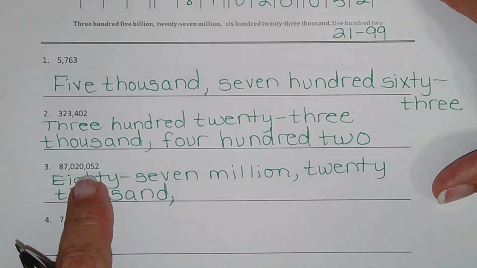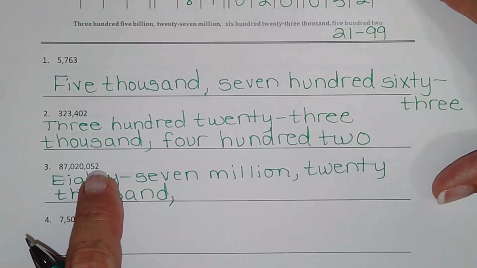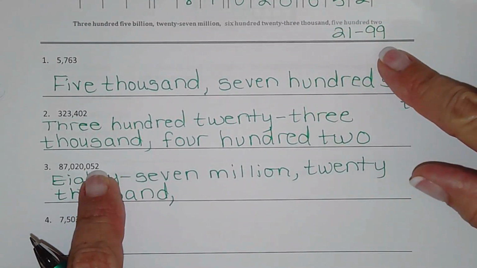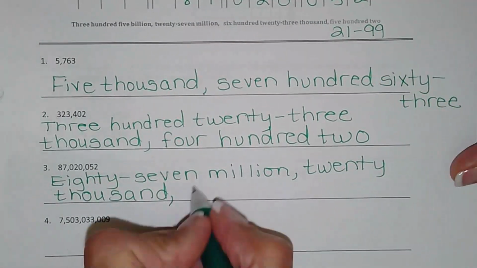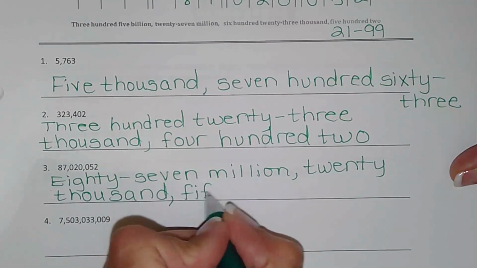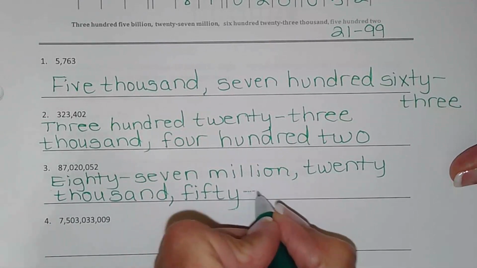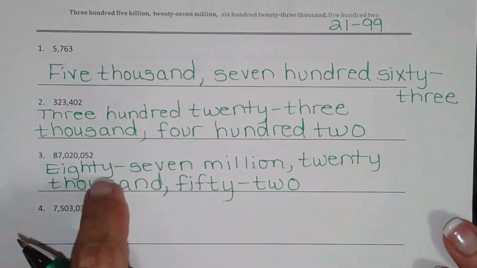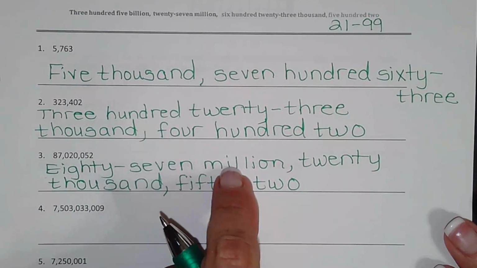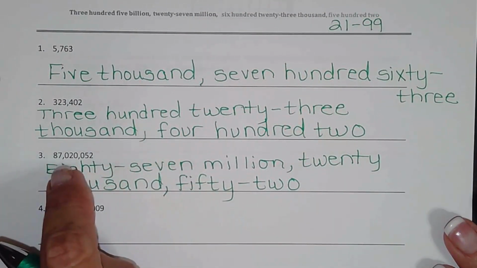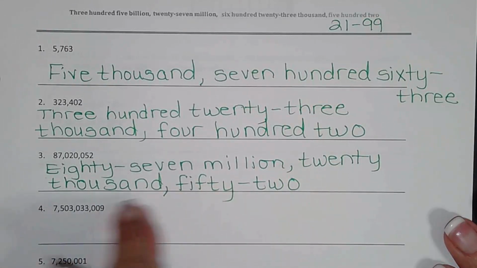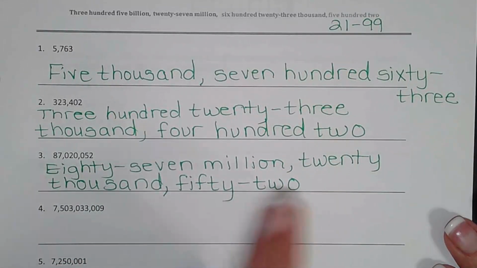And then last but not least, 52. Again, a number in between 21 and 99, so it needs a hyphen. So 50 hyphen 2. So 87, then name the place value million, 20, then name the place value 1,000, and then last 50 hyphen 2.